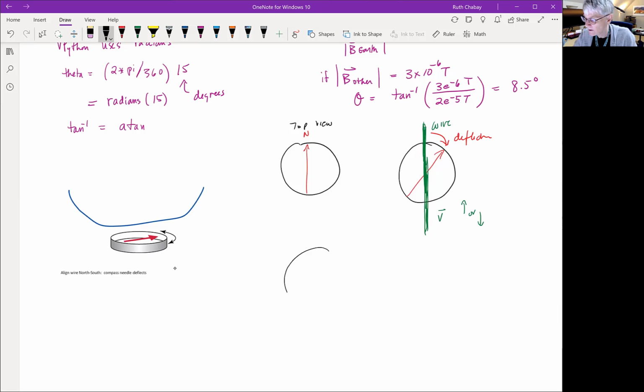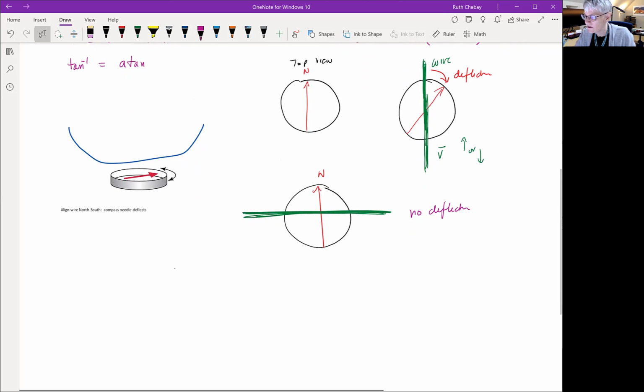Interestingly, if we put the wire, here's the needle pointing north, if we put our current carrying wire this way across the compass, there's actually no deflection. And that's interesting because it suggests that the magnetic field made by these electrons is actually perpendicular to the direction of motion of the electrons.